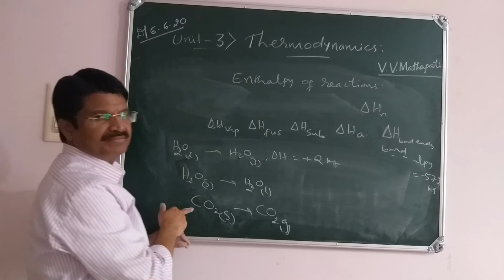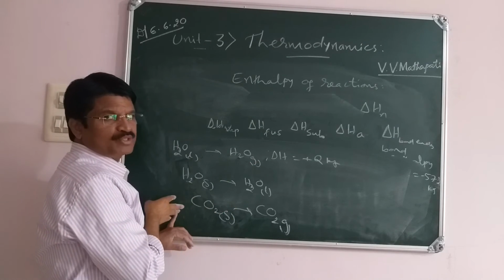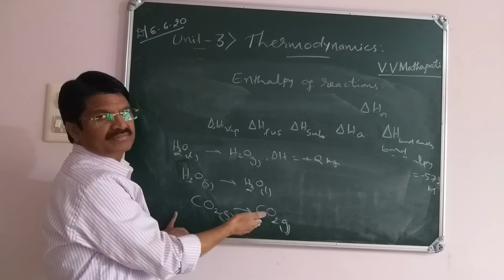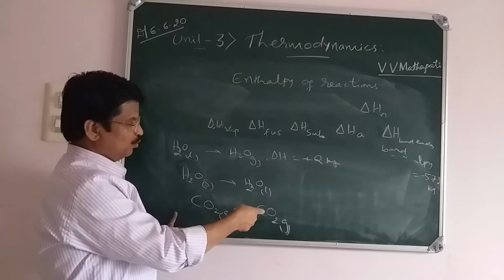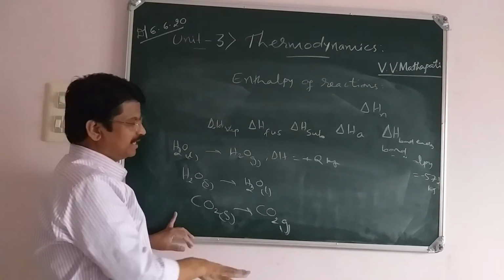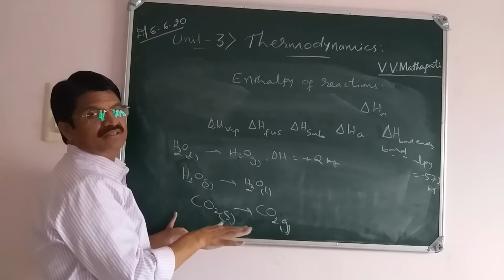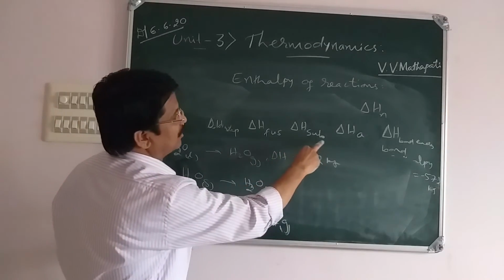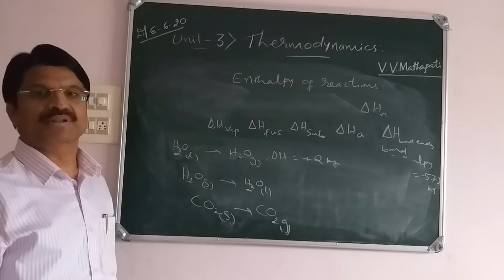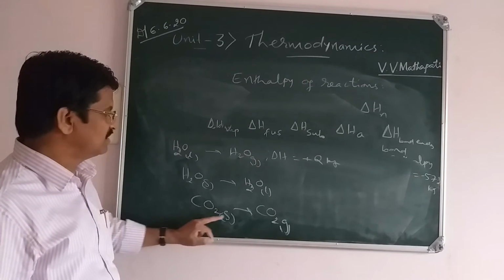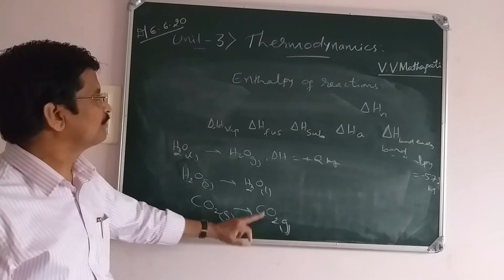Then sublimation, conversion of 1 mole of a solid to 1 mole of gas without melting, below its melting point, is said to be enthalpy of sublimation. An example is dry ice into gaseous carbon dioxide.